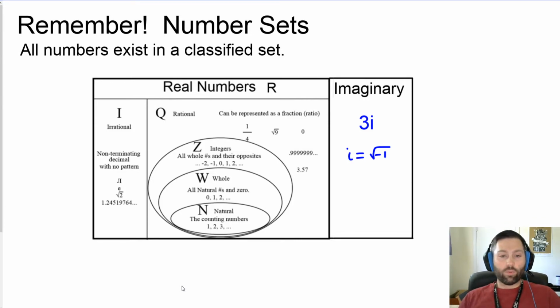It is important to remember that all numbers exist in the real number system, or you could talk about irrationals, rationals, integers, whole numbers, counting numbers. But for now, we need to remember that all of the numbers exist as real numbers.